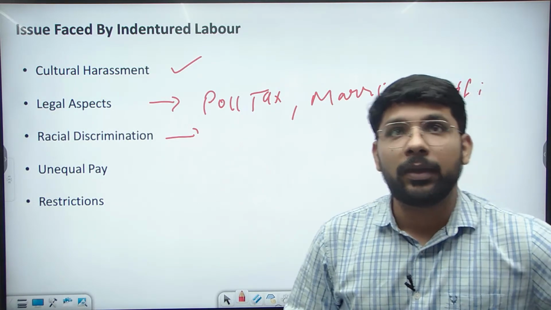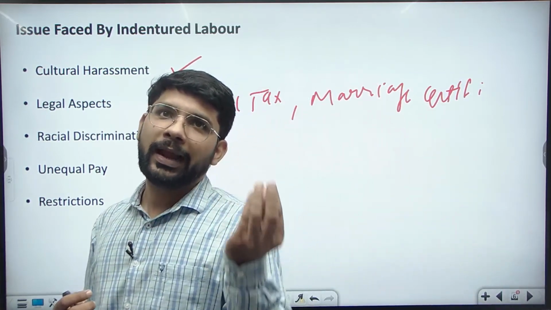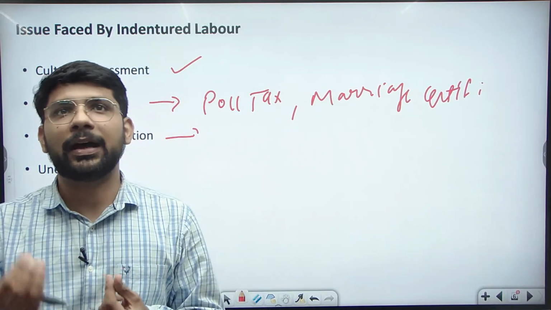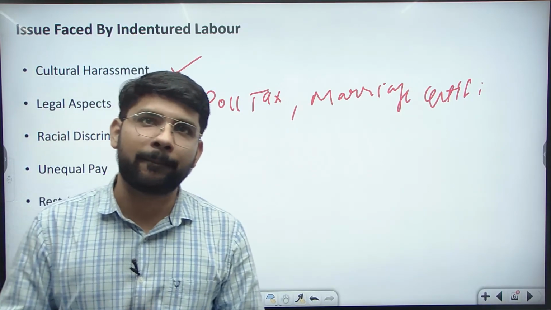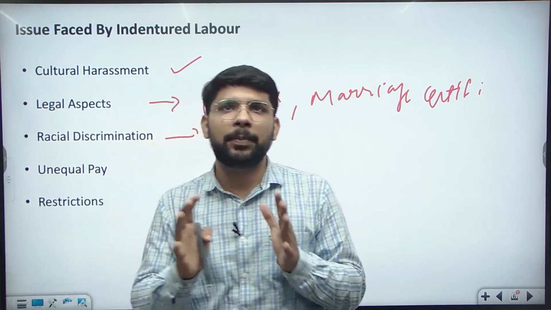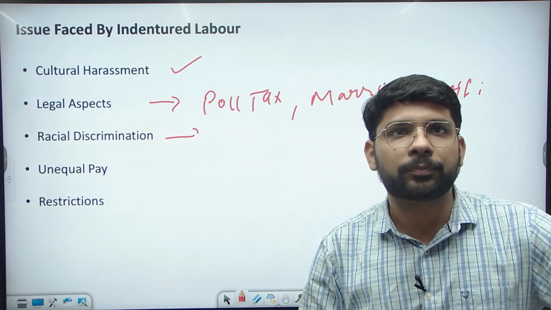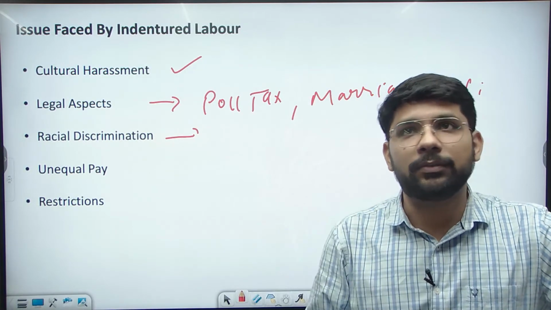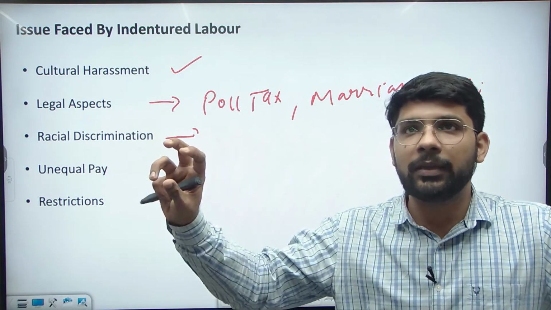Unequal pay. The indentured labor are a kind of bonded labor, they were getting very less pay, whereas the other laborers in the same colony were getting higher pay. So unequal pay was also an issue faced by the indentured labor. Then the restriction on indentured labor: you cannot do this thing, you cannot do this thing.